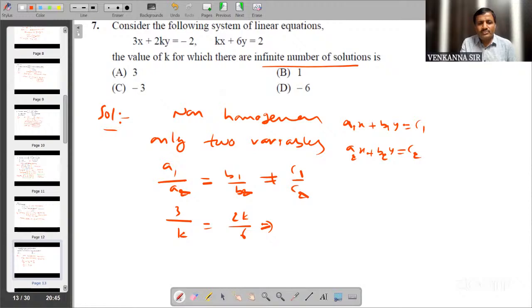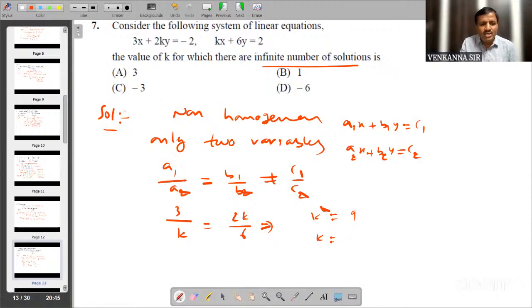Yeah, right, option A. Here it is k square equal to 9. K is equal to. Sorry, for infinite number of solutions, this condition is what?